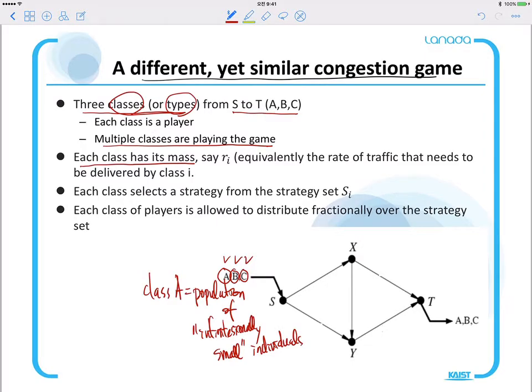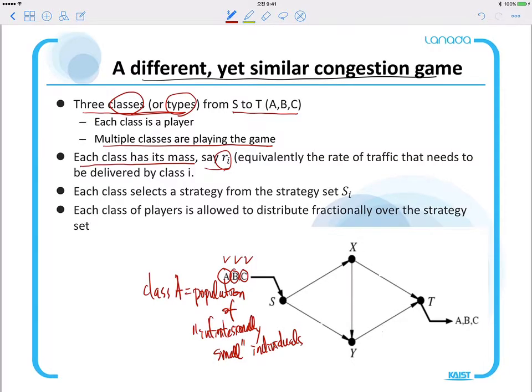You can regard a class as the population of infinitely small individuals. Like class A is some senior people, class B is some junior people, and class C is a collection of babies. But each has a different mass. Mass means the size of the population.